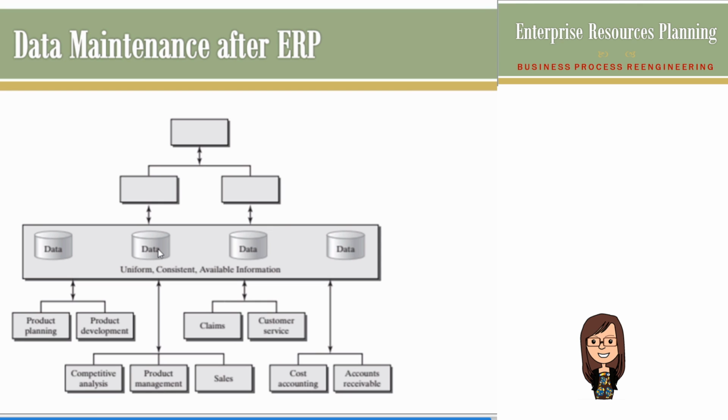There's no more redundant data, and it can be accessed throughout the whole organization. The same data can now be stored in one place but accessed from many functional departments.